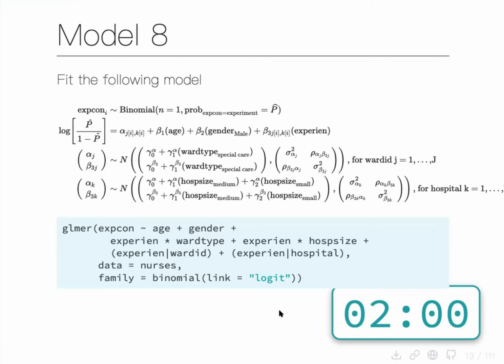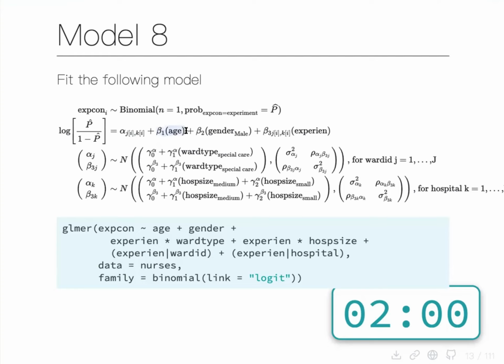In this probability estimation, we only care about the fixed effects of age and gender, but we care about the interaction. So we care about the random effects of the interaction between experience and these two, ward type and hospital, right? Yeah, so basically, you're asking about the random effects now, right?